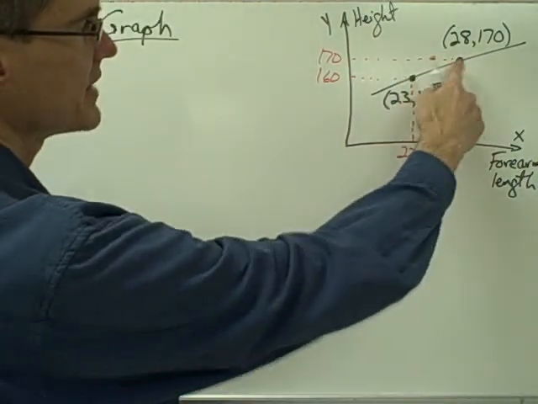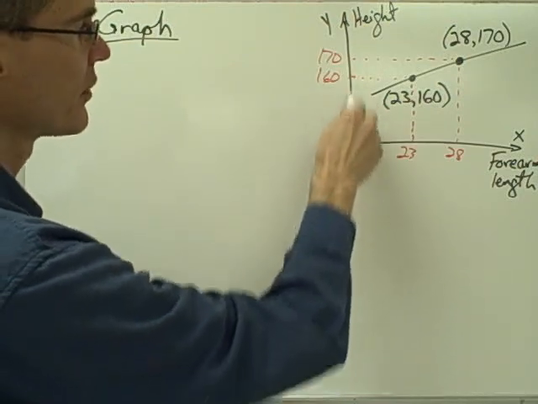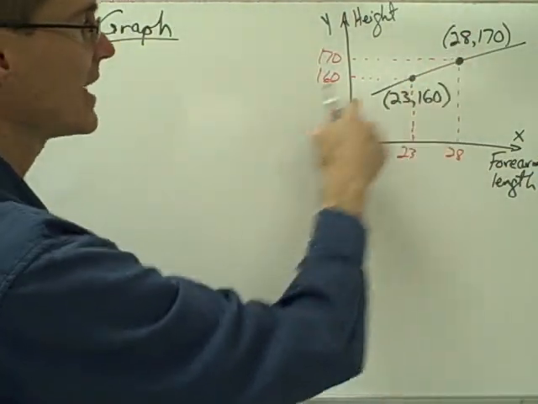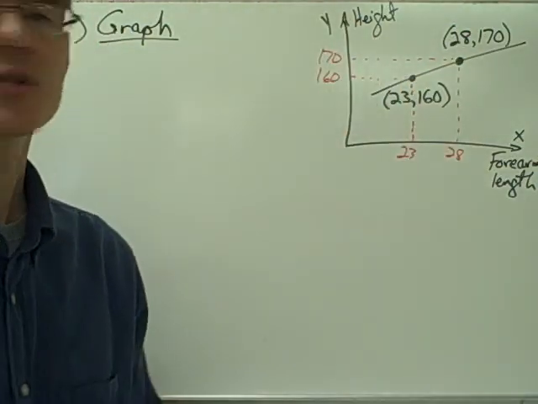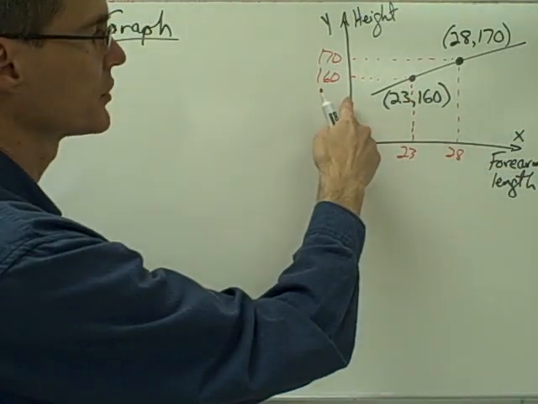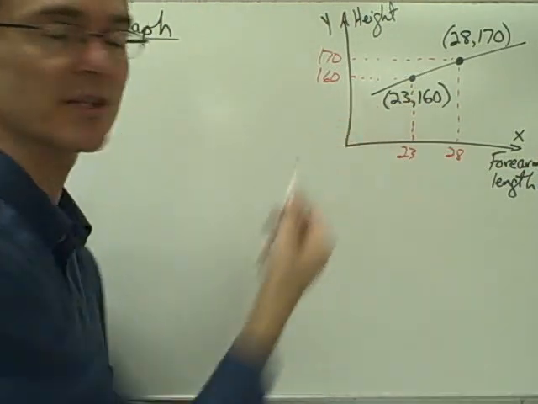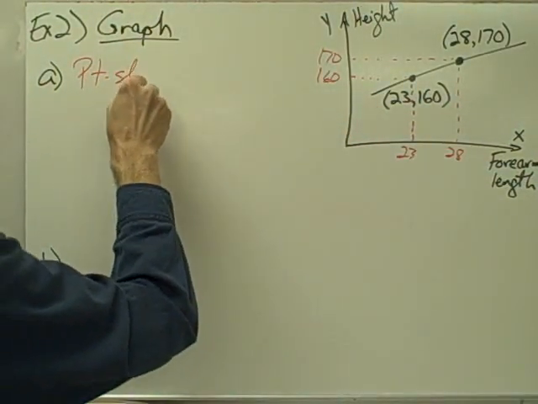Well, notice that for this particular example, I don't know what the vertical intercept is of my function. I don't have a data point that's over here on the vertical axis. So it's not going to be very useful to try to use the slope-intercept form because I don't know what this intercept point is. I can, however, use the point-slope form.